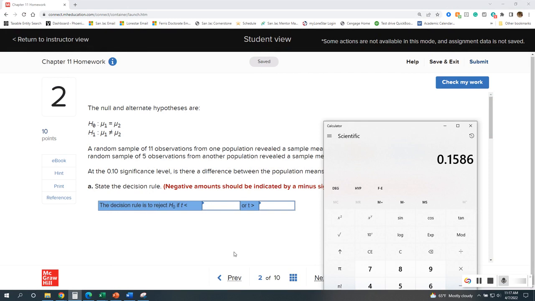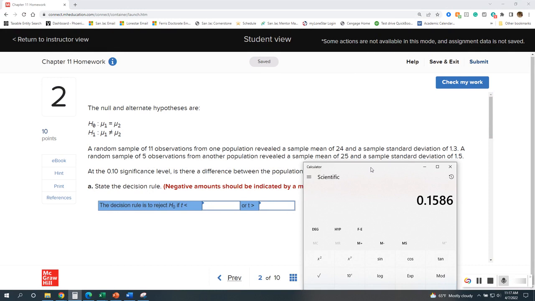So our degrees of freedom are going to be the combination of our sample sizes. Okay, so 24 plus 25 minus 2. So our degrees of freedom is 47.